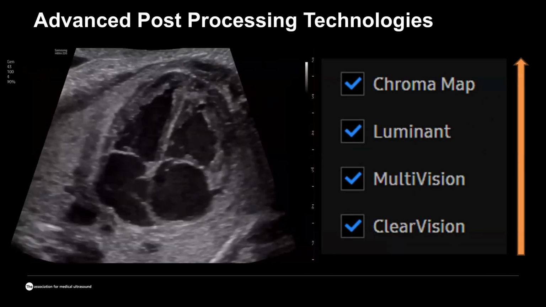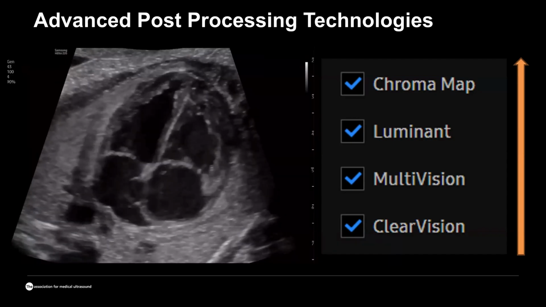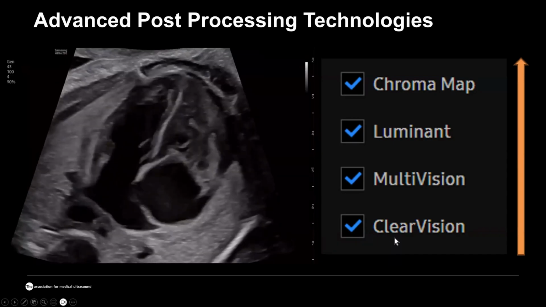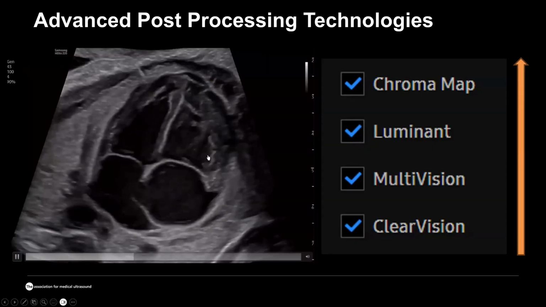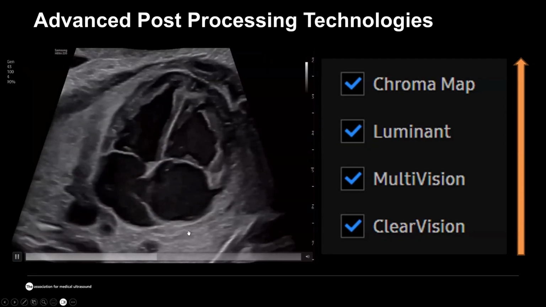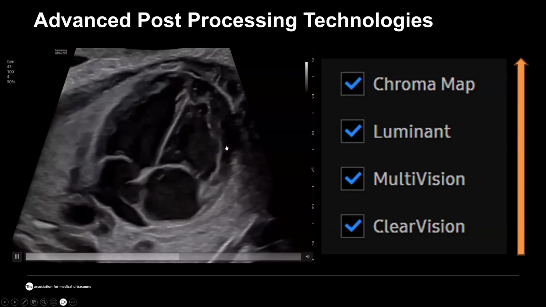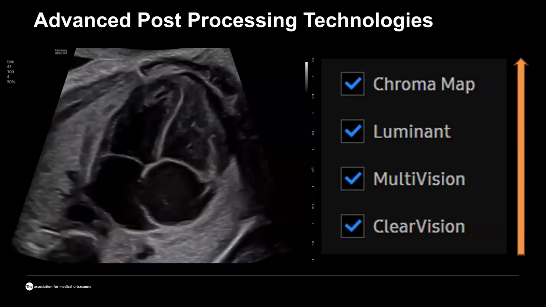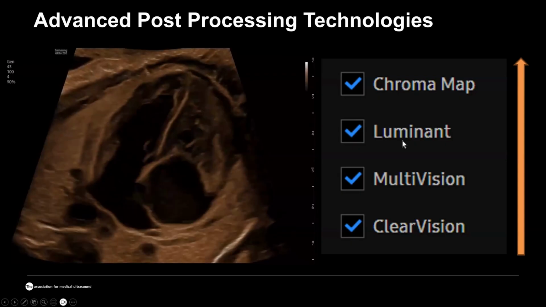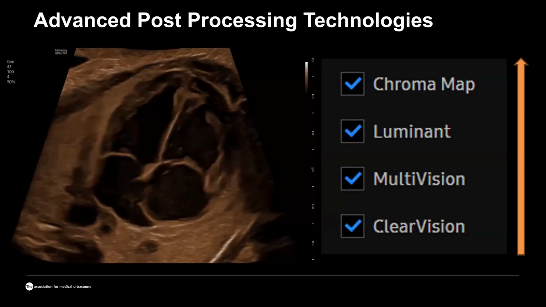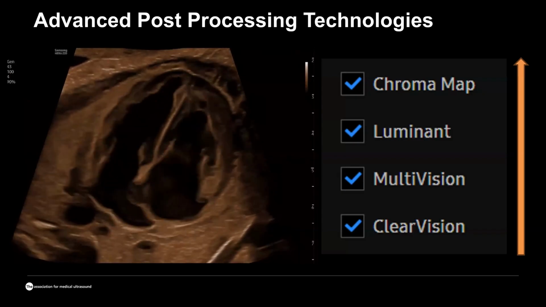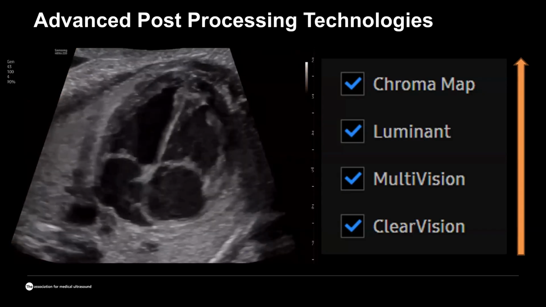So here is an example of how we can take the native image, and first we apply the Clear Vision and the Multi-Vision technology, and it sharpens the edges of the image and also takes a lot of speckles and noise away. Then we can apply the Luminance software. This is the software that gives the 3D appearance on the 2D image, when we are scanning just using a 2D probe.